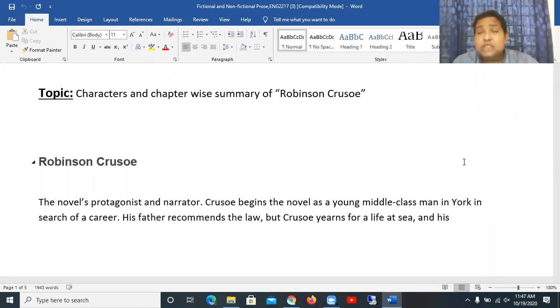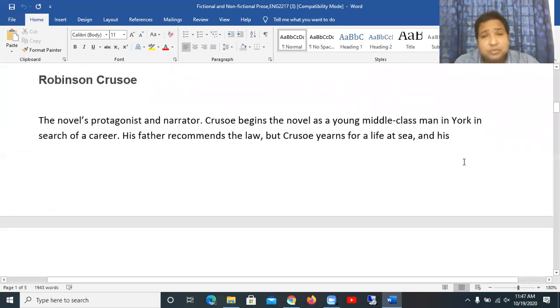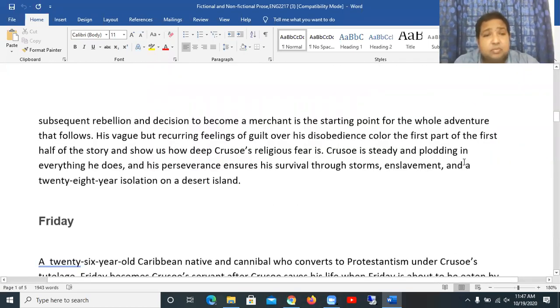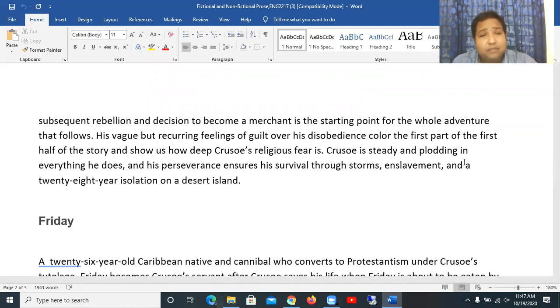So his father recommends that my son Crusoe should read law. But Crusoe yearns for a life at sea, and he's called down. And his subsequent rebellion and decision to become a merchant is the starting point for the whole adventure that follows.